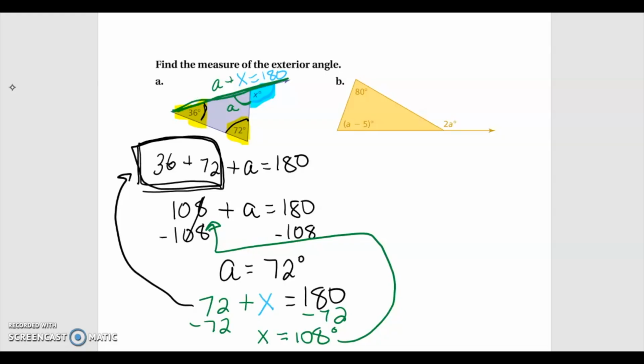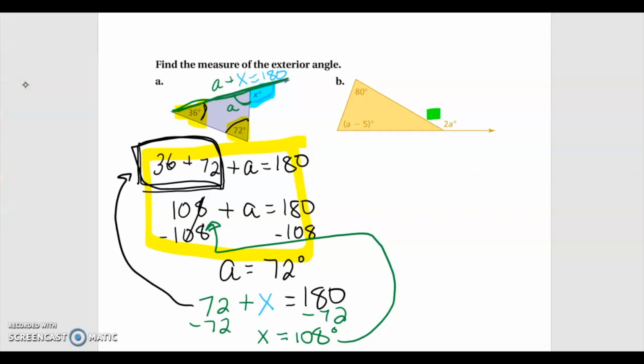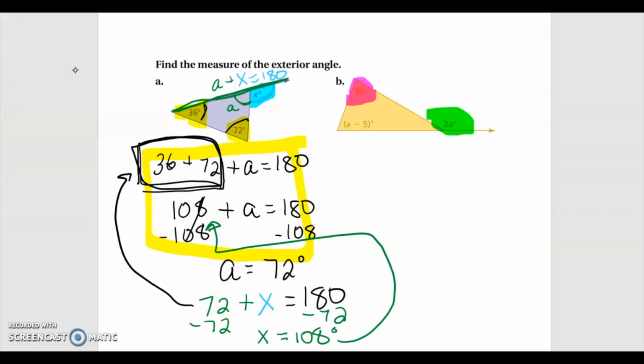So if I was solving the triangle in example B, I can actually save myself the steps that we did for the first equation by writing one singular equation. And that would be that this angle here, the exterior angle, is equal to the sum of the two non-adjacent interior angles, so these two pink angles.